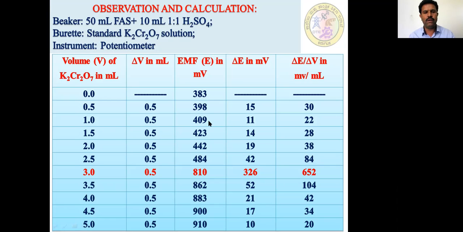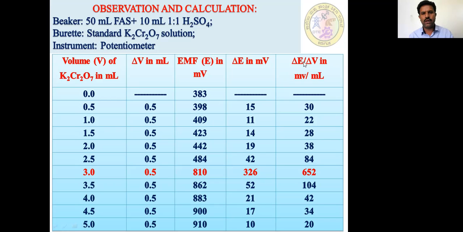And 409 minus 398, 11. Similarly, 423 minus 409, 14. 442 minus 423, it's 19. 484 minus 442, 42. And 810 minus 484, 326. So in this way, we can calculate the change in EMF from one trial to another. If you observe this, the maximum change in EMF is observed at 3 ml addition of potassium dichromate solution.